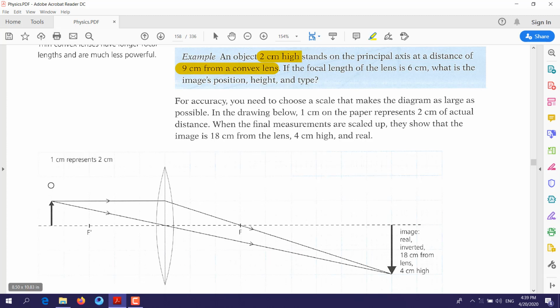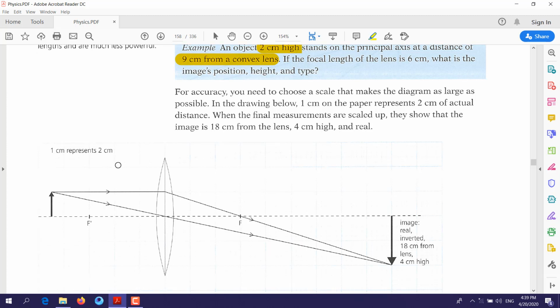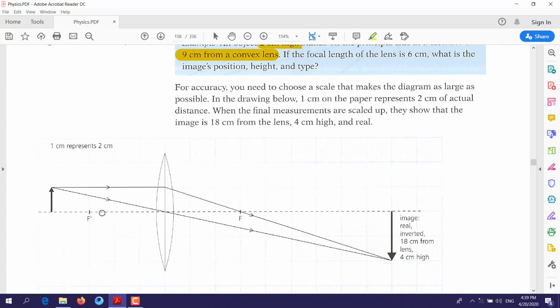Here in this diagram, they say 1 centimeter represents 2 centimeter. What does that mean? It's just to make your drawing fit in one page. So instead of 2 centimeters for the height, we say it's 1 centimeter.